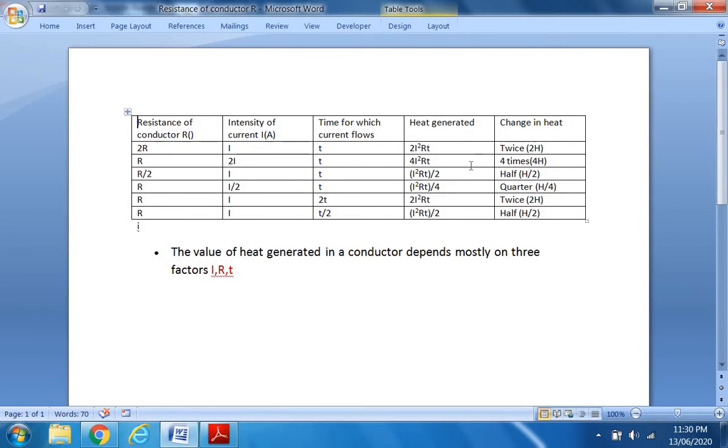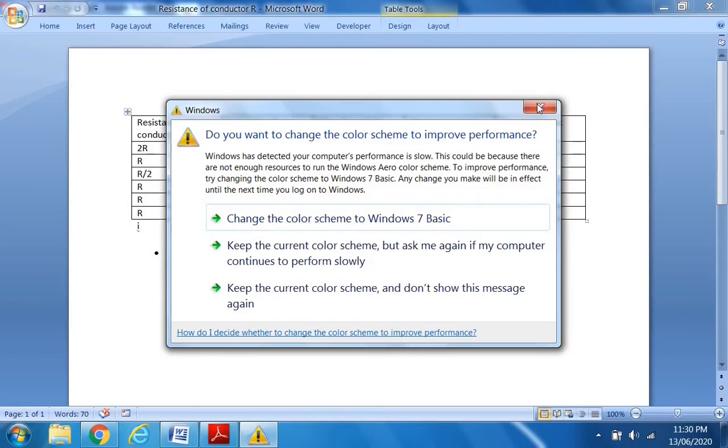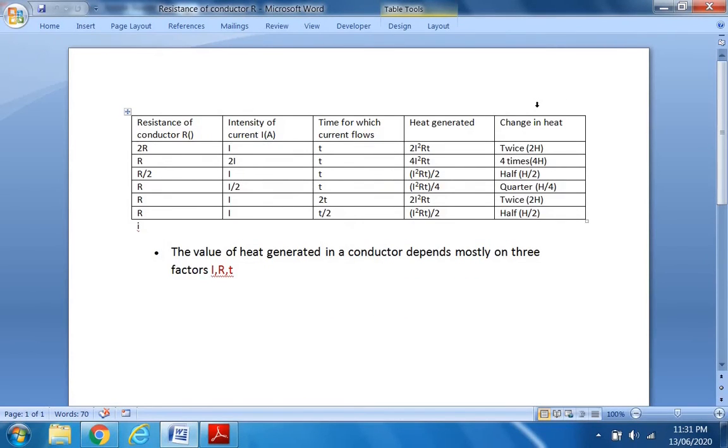And similarly, when the value of current is halved, then the value of heat energy will decrease to 1 by 4. Okay, the main factor which affects the value of heat energy is the current, and resistance and time have the same effect on heat energy. Okay.